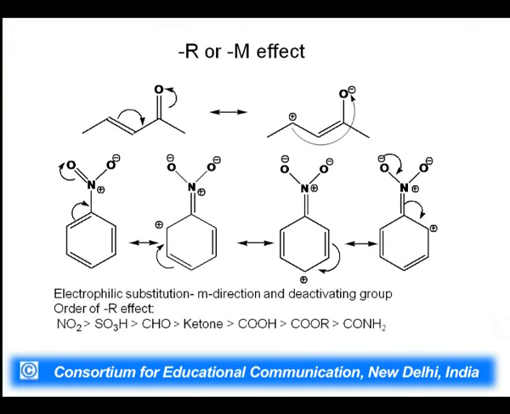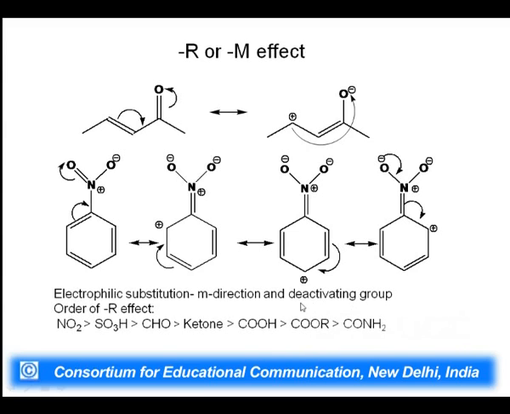The electrophilic substitution reaction in this case is meta directed. That means that the ortho and para positions are positively charged now, and the only electron dense positions are these meta positions which are not having the positive charge. Hence, more electron availability is present on these positions and a positively charged electrophile can attack on meta positions.